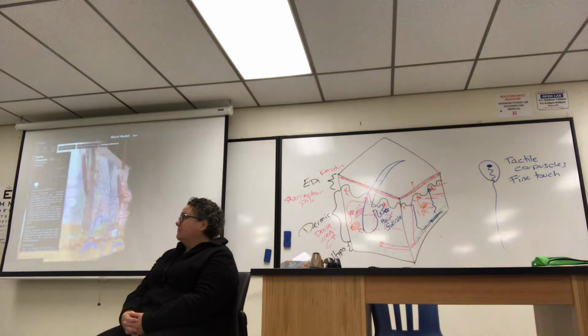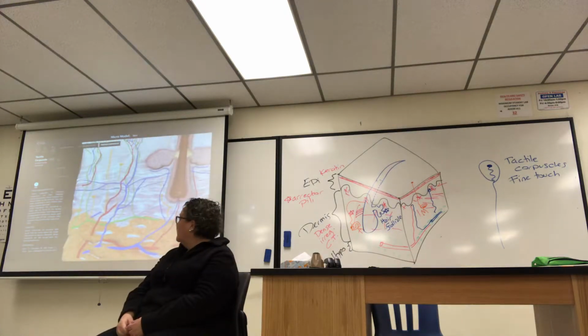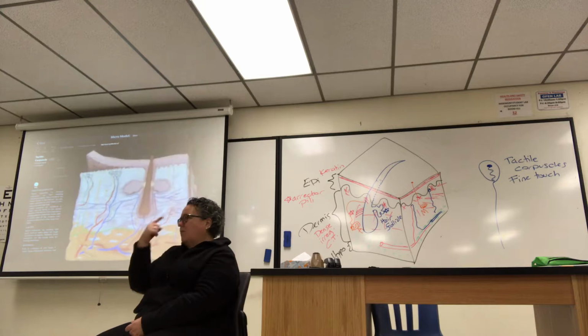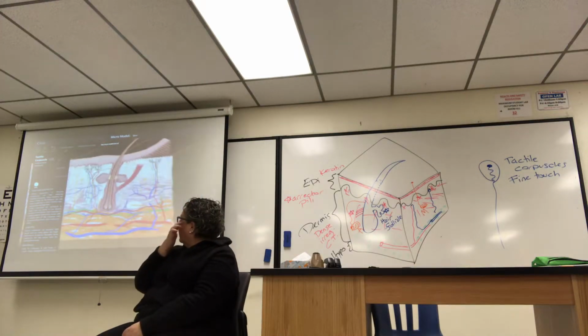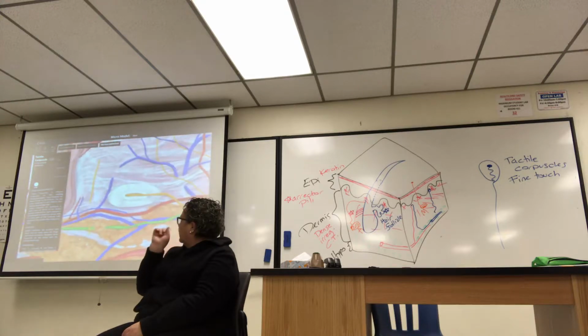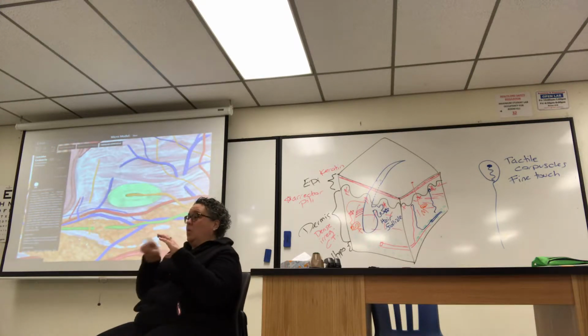See, I want to look for one that's deeper here. Oh, this one, that's what I'm looking for. That big one there, I highlighted the layers around the nerve ending. This is called a lamellated corpuscle.